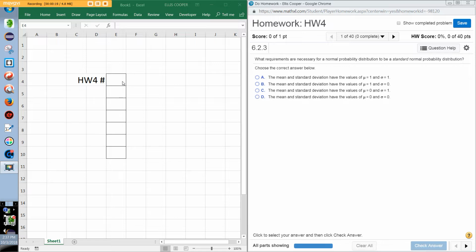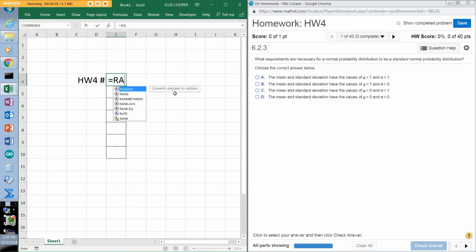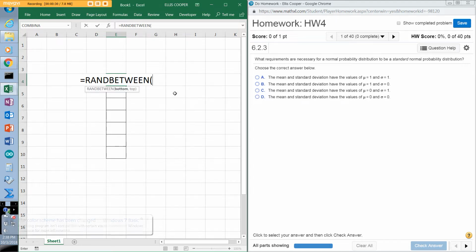Okay, so here's how you use Excel to pick a number between 1 and 40 at random. I go like this, equal RANDBETWEEN, open paren, and then I say I'm going to start at number 1 and go to number 40, and I'm going to get a random number 22.